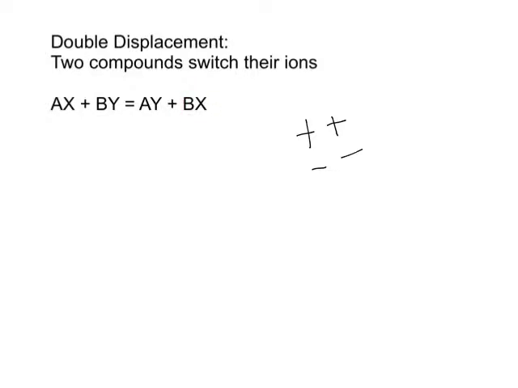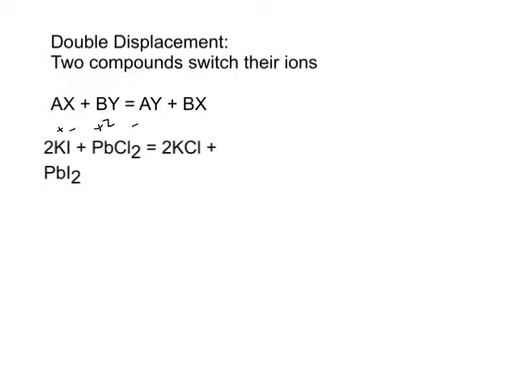They've just switched their ions. Here's my example. We have potassium iodide plus lead chloride makes potassium chloride plus lead iodide, and those all get switched up because positive, negative, +2, -1, positive, negative, +2, -1. So all the ions just got switched, and those are pretty straightforward and easy to identify.